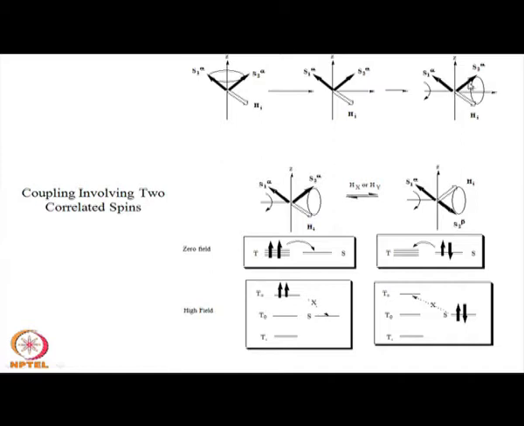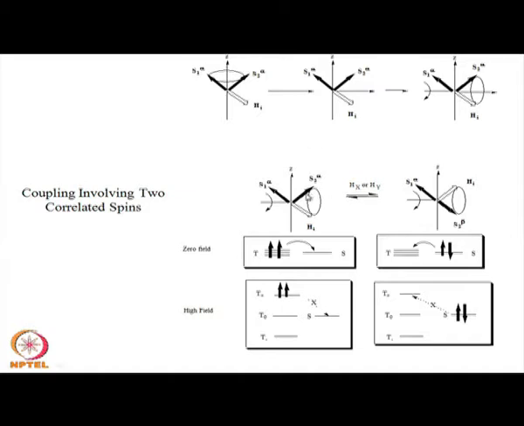Initially these two, S1 and S2, were precessing, but at some moment of time you have this another spin, and if these two are coupled, then they start to precess about this axis. It means the two blacks were initially like this.